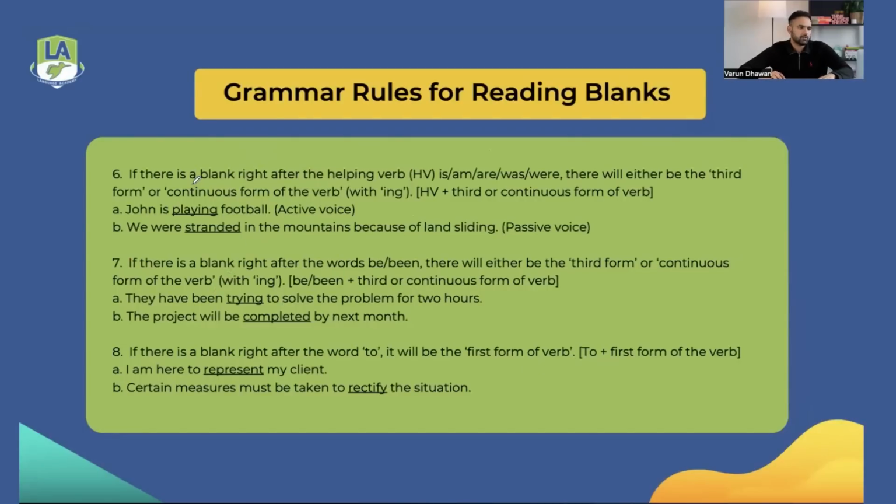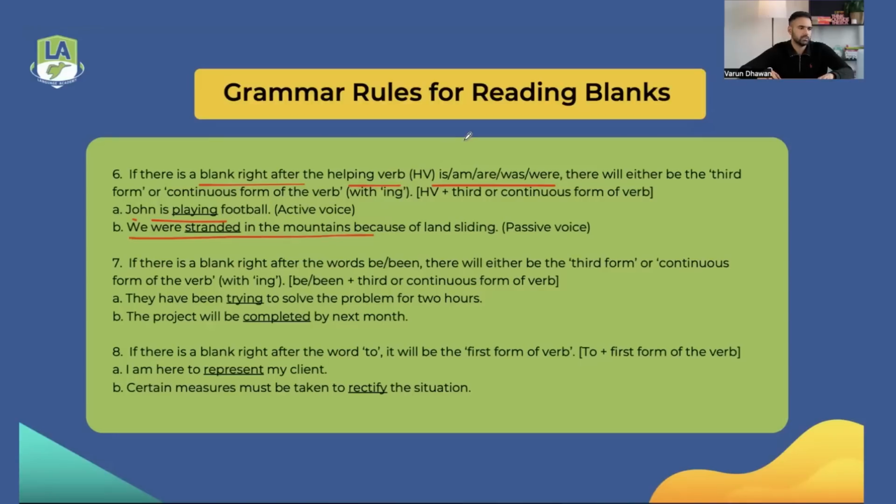If there's a blank right after a helping verb, words like is, am, are, which help you form a complete sentence or denote a tense, it will be either the third form or the continuous form, meaning the ed form or ing form. He is playing cricket. We were caught up in the tsunami.